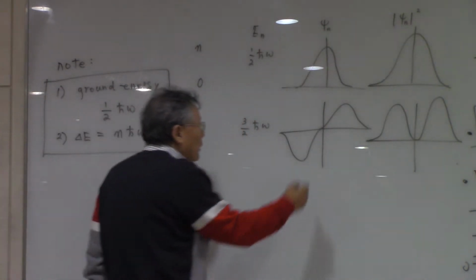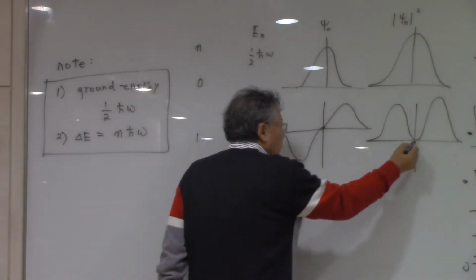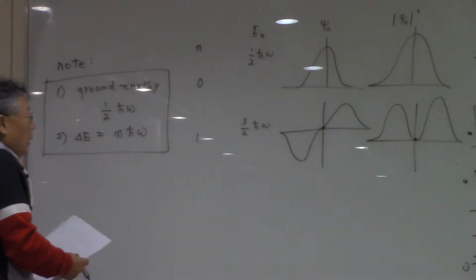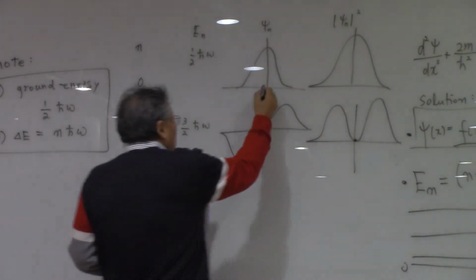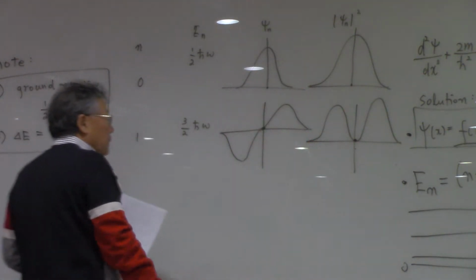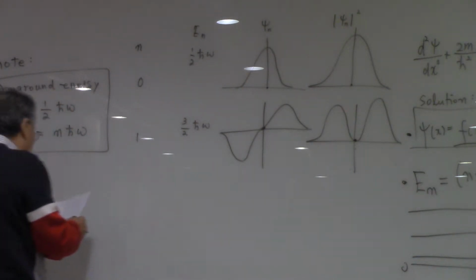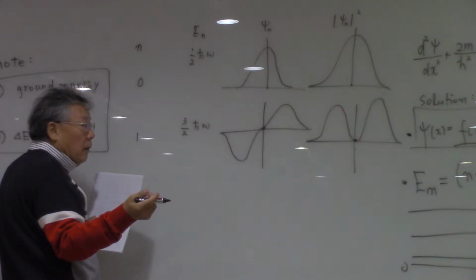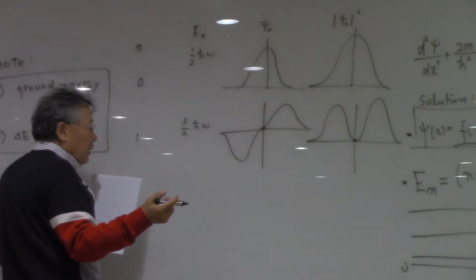So actually at the center, there are no atoms we can find, the phonons, in other words. Okay? That is quite different from the classical theory.